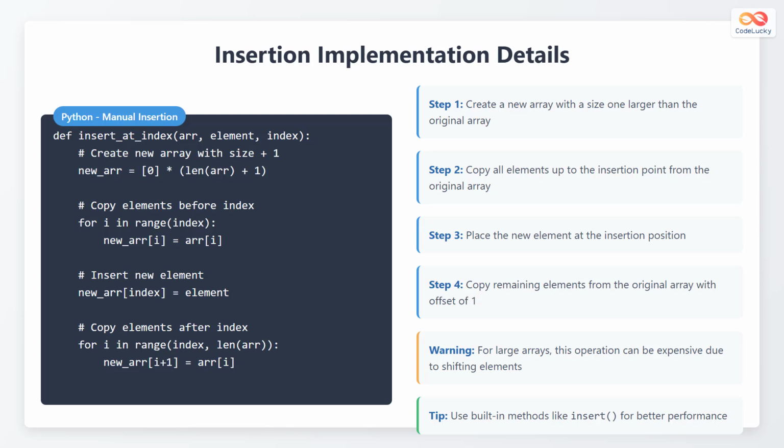Then, for i in range(index, len(array)): new_array[i + 1] = array[i]. Return new_array. For large arrays, this operation can be expensive due to shifting elements. Therefore, it's advisable to use built-in methods like insert() for better performance.